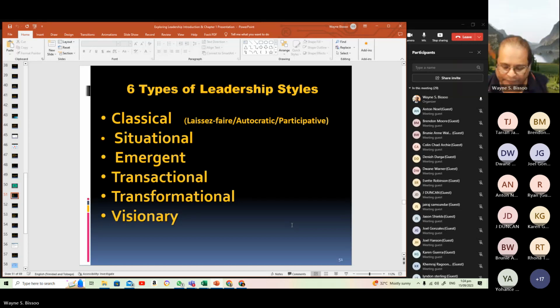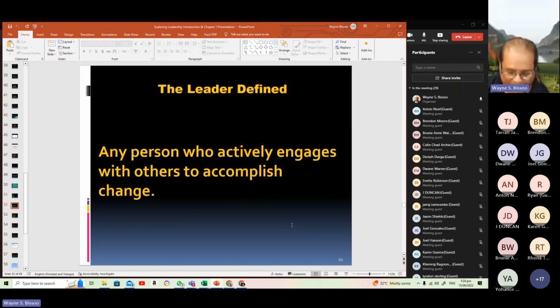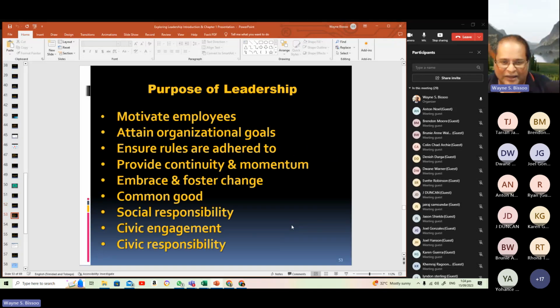All right. So who's the leader? Anybody who actively engages with others to achieve some sort of change. Notice they haven't spoken about whether it's positive or negative. We'll get to that in the future. The purpose of leadership: motivate employees. We talked about that. Attain the organizational goals. If you don't attain the goals, then you're not achieving anything.